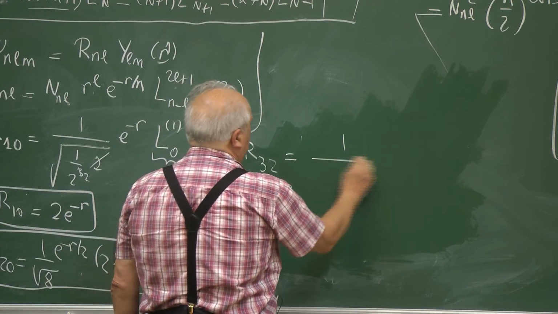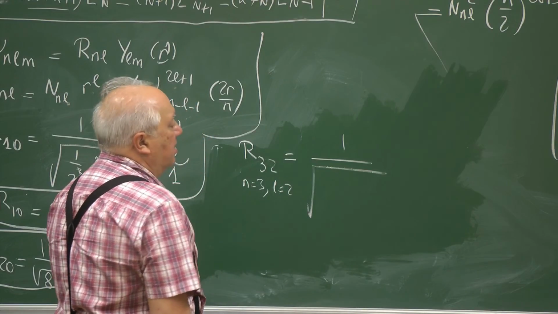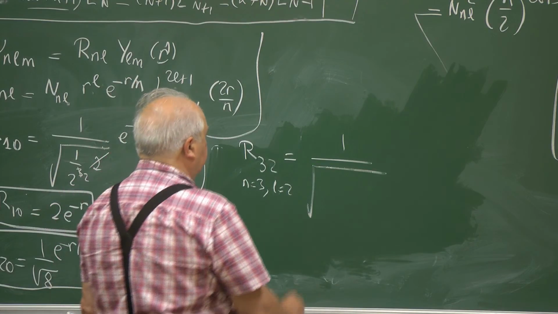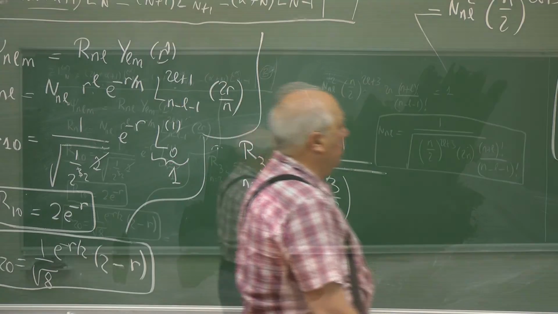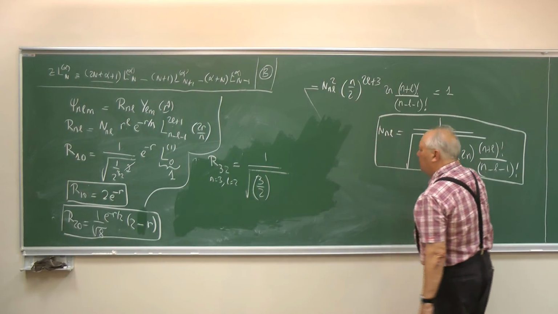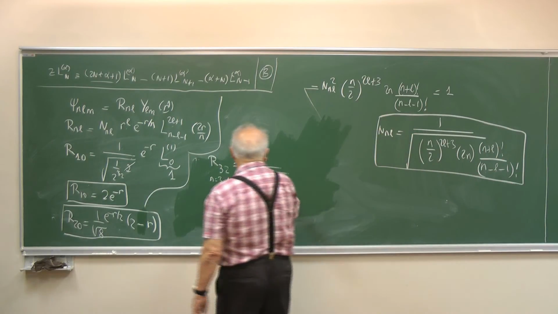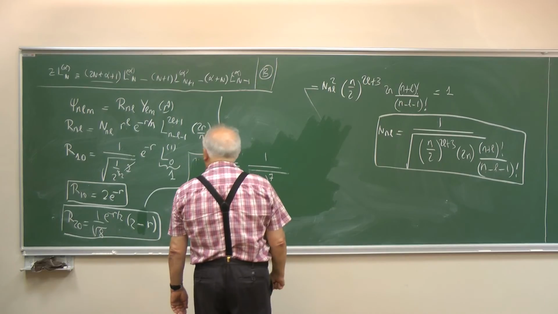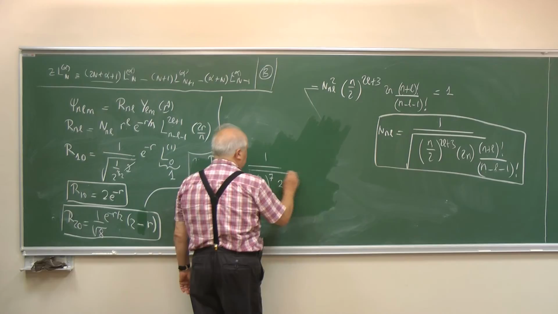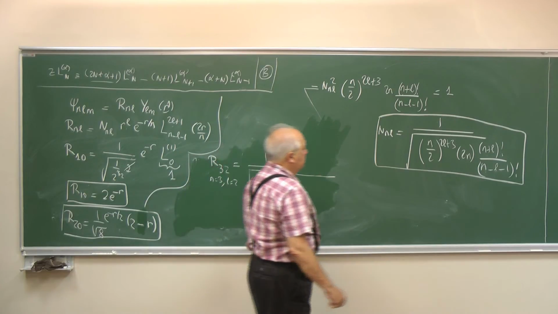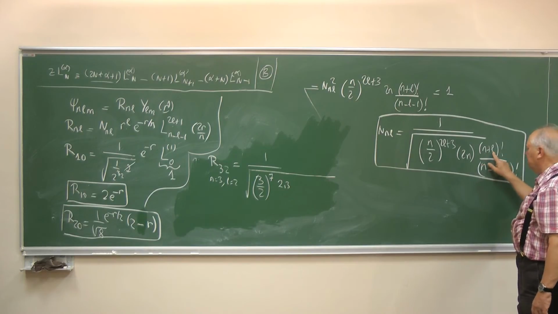Equals 1 over square root of 3 over 2. n is 3, 3 over 2. l is 2. 2 times 2, 4, plus 3, 7. Times 2n. n is 3, so it is 2 times 3. Then (n plus l) factorial, so it is 5 factorial.